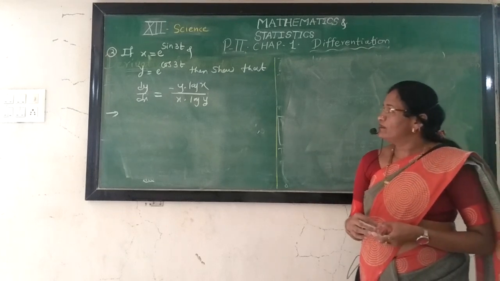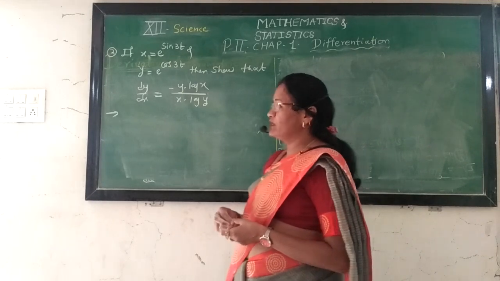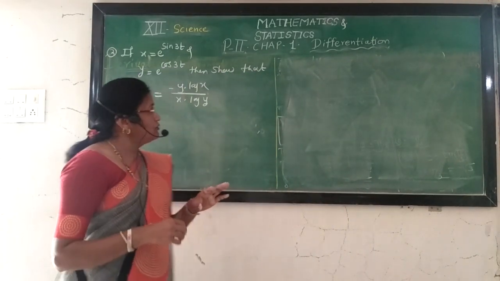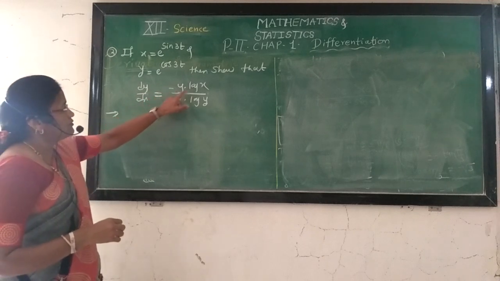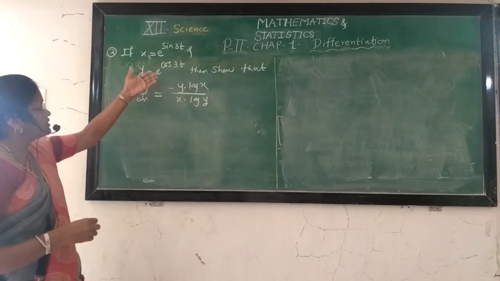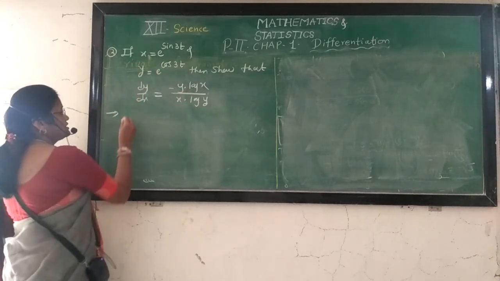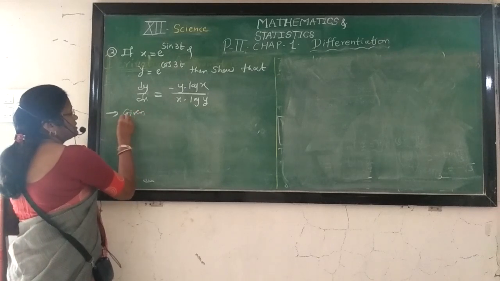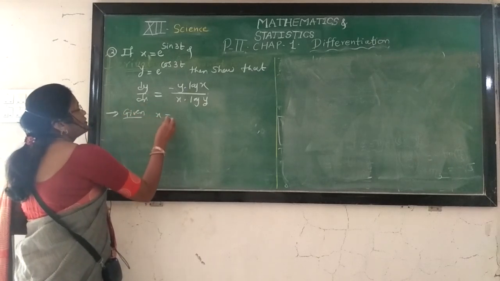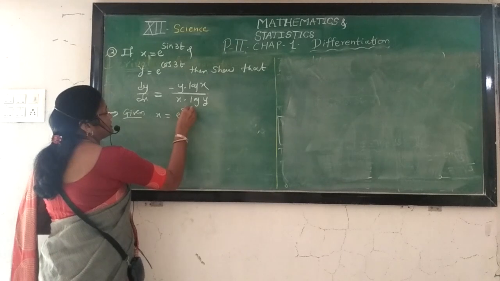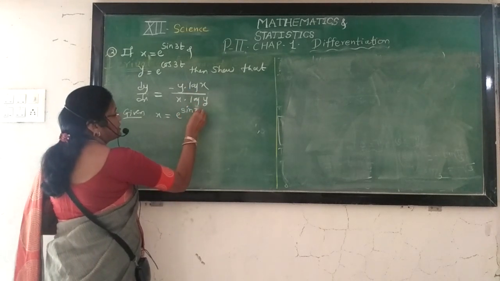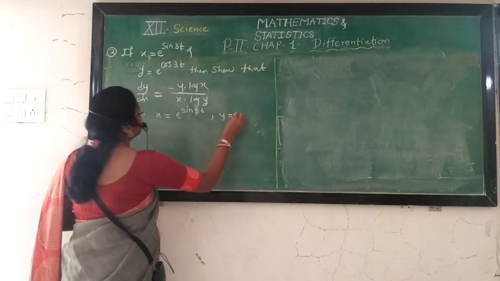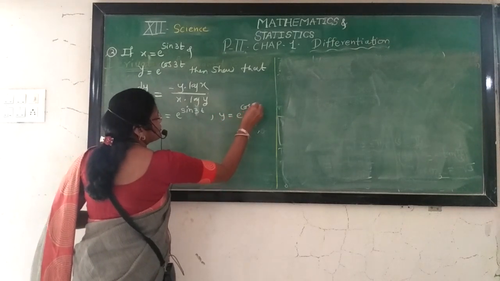So to find the derivatives with respect to t, before this, to show this, here the answer is in the form of log. So we first use logarithmic differentiation. We have x equal to e raised to sin of 3t, y equal to e raised to cos of 3t.